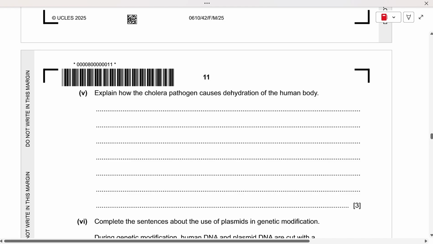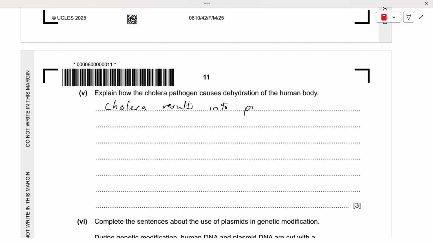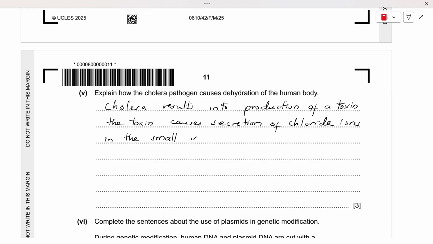So we'll state here, cholera results in production of a toxin. The toxin causes secretion of chloride ions in the small intestine.